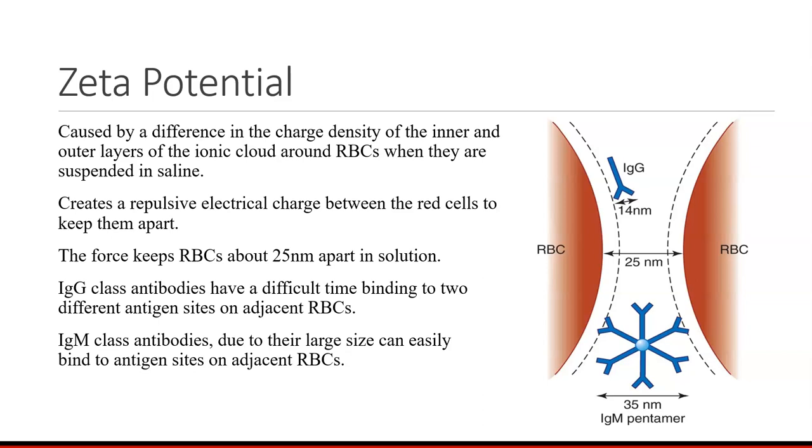So if you look at the picture, these little bitty IgG molecules have a really difficult time binding to two different antigen sites on adjacent red cells. They just can't. IgM antibodies, due to their large size, can easily cross the zeta potential and bind to antigens on adjacent red cells.